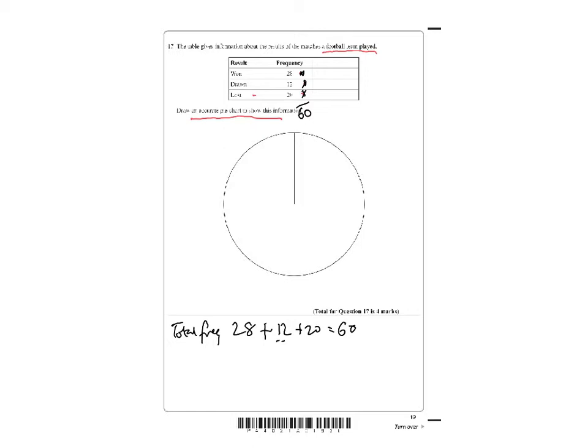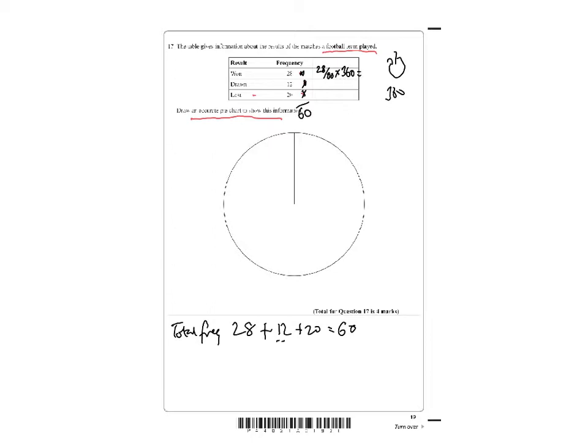Now, what we've got to do now is find out what fraction of a complete turn these would represent. So a complete turn we know is 360 degrees. So for the first one, I have 28 over 60 times 360.